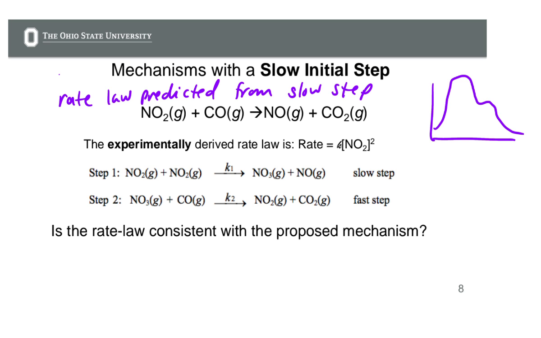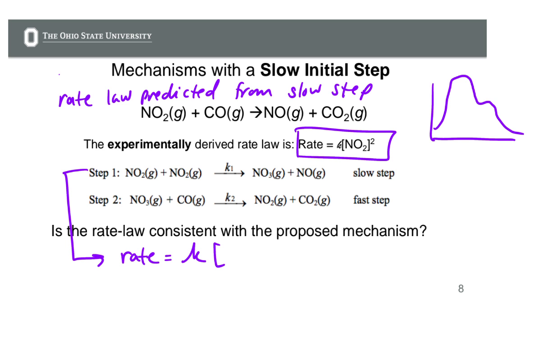What could be told is that the experimentally determined rate law here is rate equals k times the concentration of NO2 squared. If we write our rate law based on the slow step, because it's an elementary reaction, we'll have rate equals k times NO2 squared.